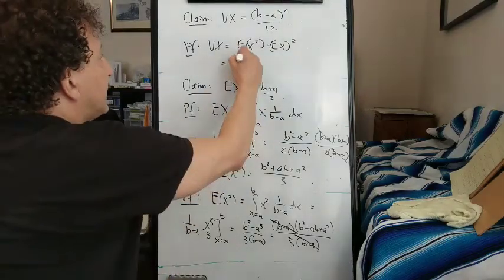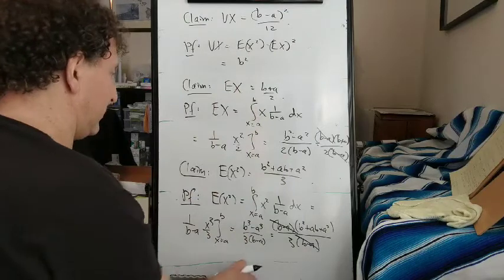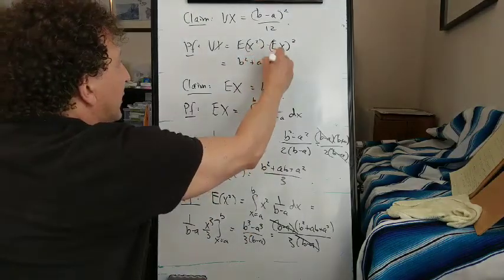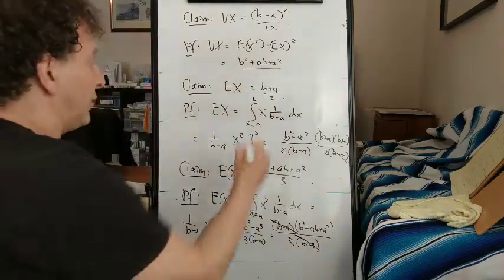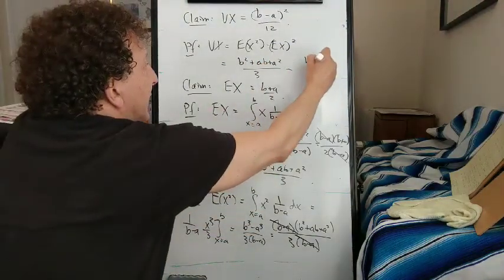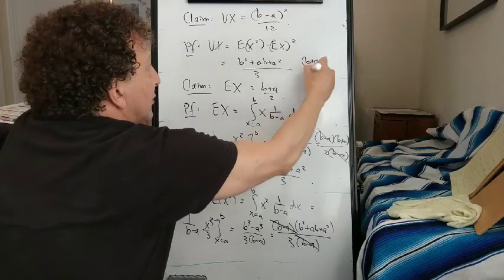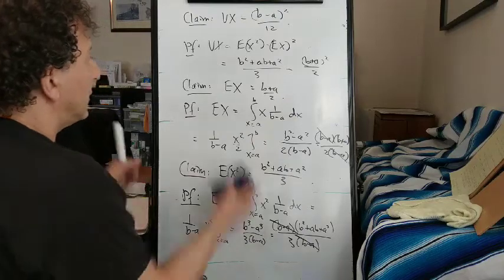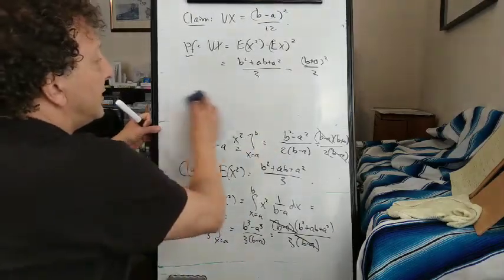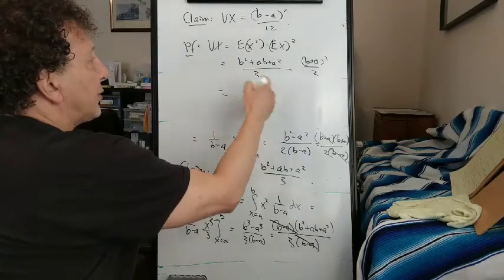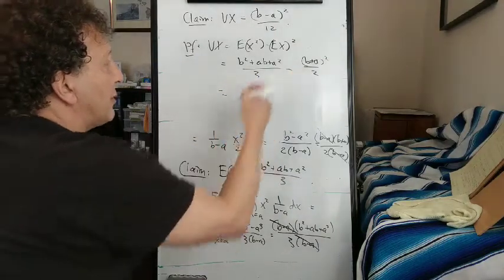So it is b squared plus ab plus a squared over 3 minus b plus a, the quantity squared over 2. Now if we combine these two fractions, I guess we'll multiply the left one by 2 over 2 and the right one by 3 over 3.